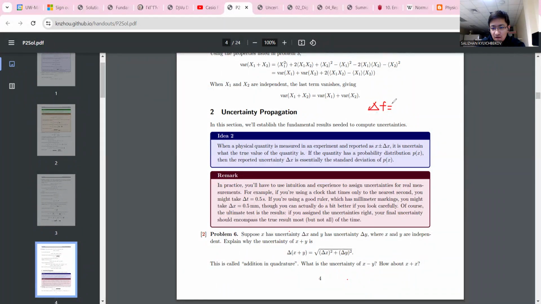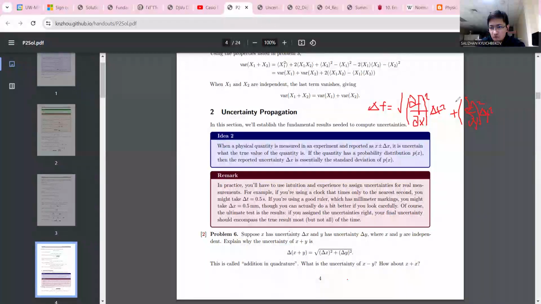Delta f is basically the square root of the partial derivative. Let's say f is dependent on two variables: df/dx times delta x, x-тын погрешности, в квадрате, плюс df/dy times delta y в квадрате.